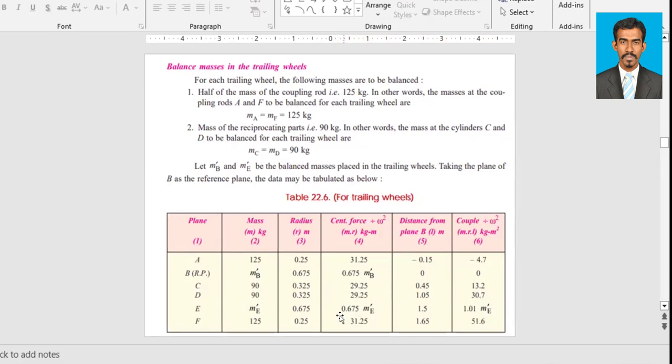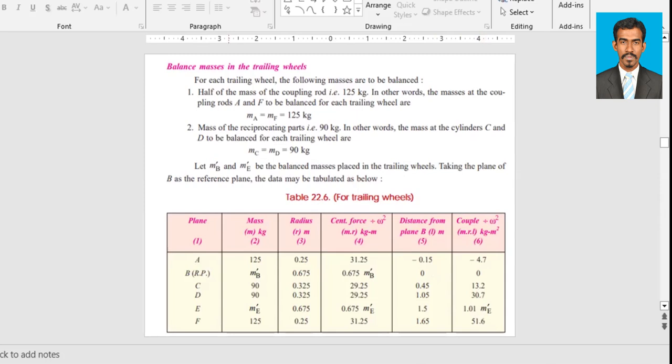And 31.25 into 1.65 is 51.6. Now we have the data to draw the couple polygon, and we have only one unknown value, m dash e, here.